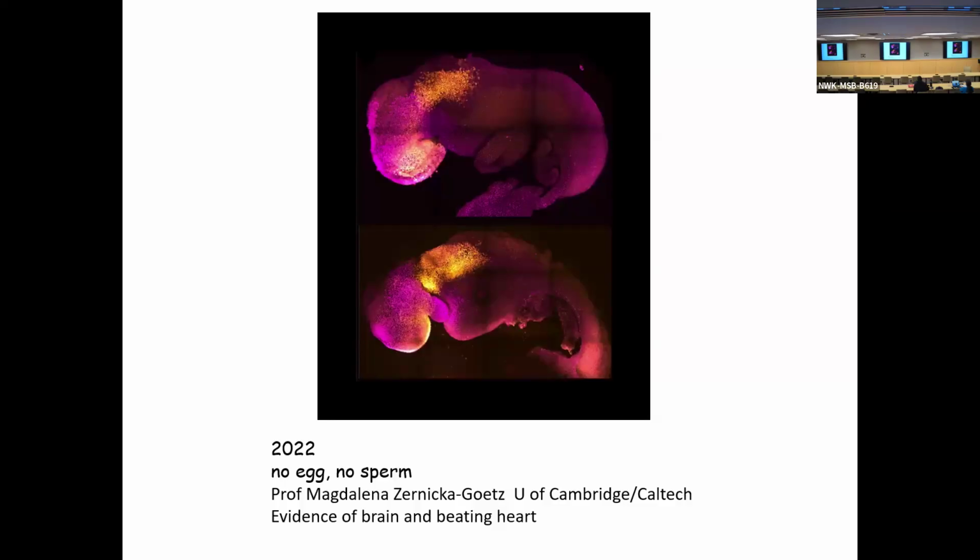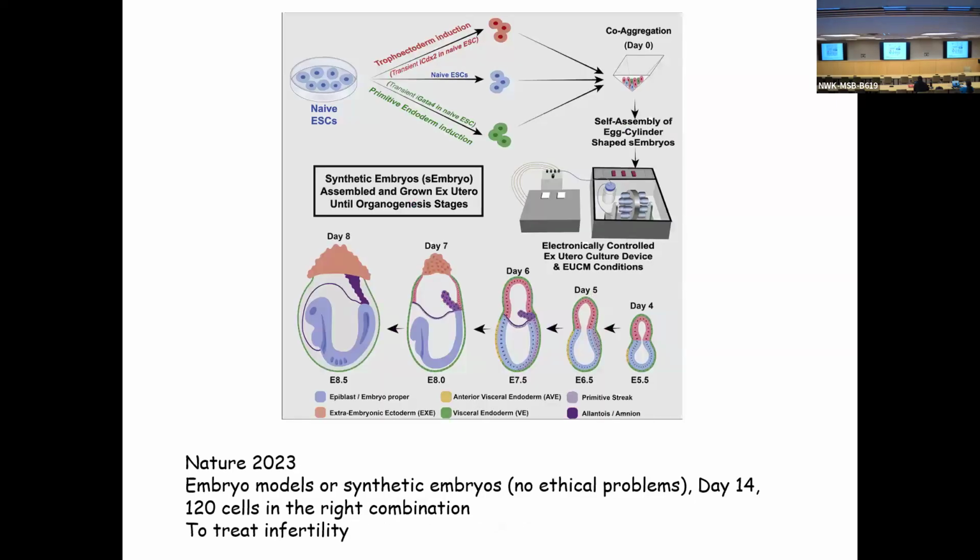The cells grow in a bioreactor. They co-aggregate and they assemble themselves. And they need the extraembryonic tissues here. There's no fertilization, and they've been named synthetic embryos.